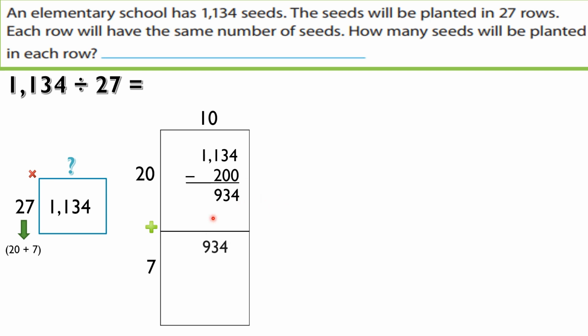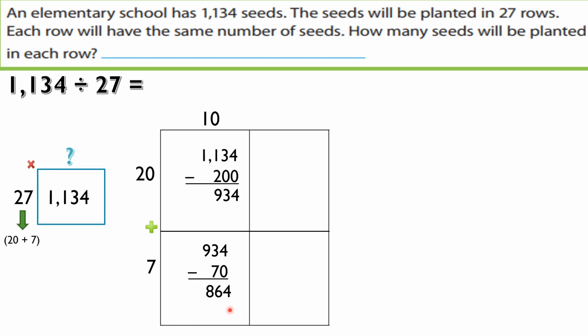Now I have to bring this down to the area that I'm going to be working with 7. And then I can say 7 times 10 equals 70. So now I have 934 minus 70, and my answer will be 864. I can still get some groups of 20 and 7 from 864.